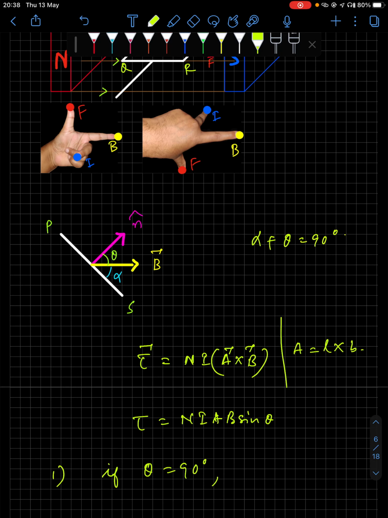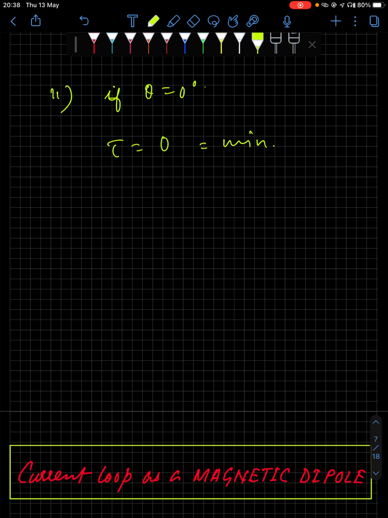That is pretty obvious from the figure. So theta equals 90 degree minus alpha. So in such a situation, tau equals NIAB sine theta, which can be written as NIAB sine (90 minus alpha).